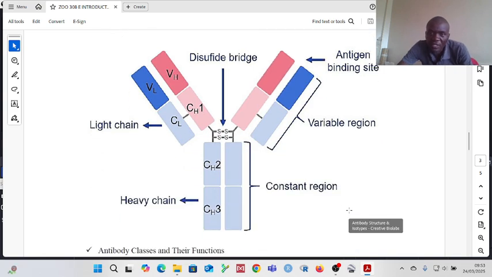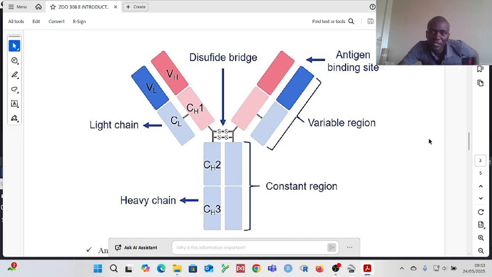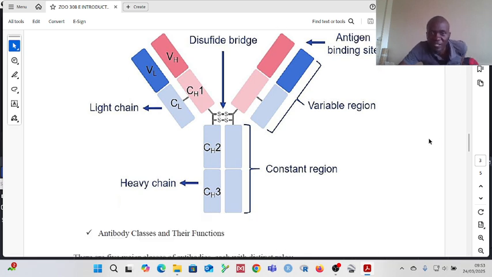On page 3, you can now see a structure of the antibody. It is Y-shaped. You have the constant region, then you have the variable region, which is at the tip. You have the light chain, then you have the heavy chain.